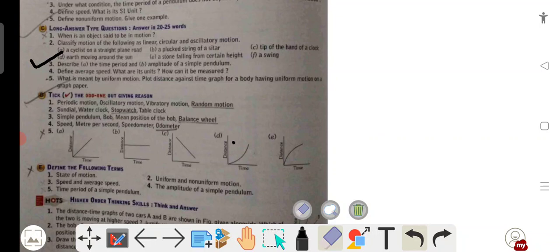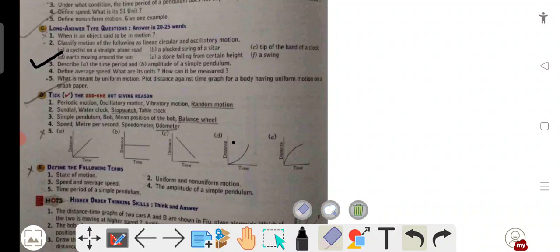Uniform motion is the motion in which the object travels equal distances in equal intervals of time. Then this motion is called uniform motion.